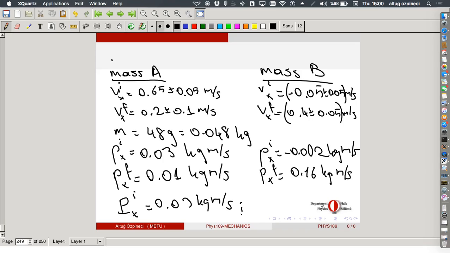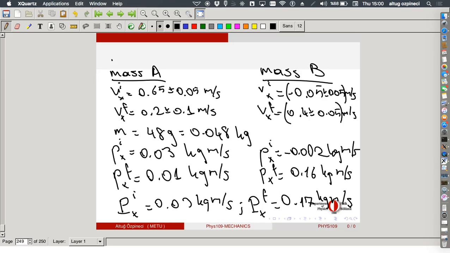And the final momentum, if you just sum these two numbers, 17. So do we have some more mistakes somewhere? Where?